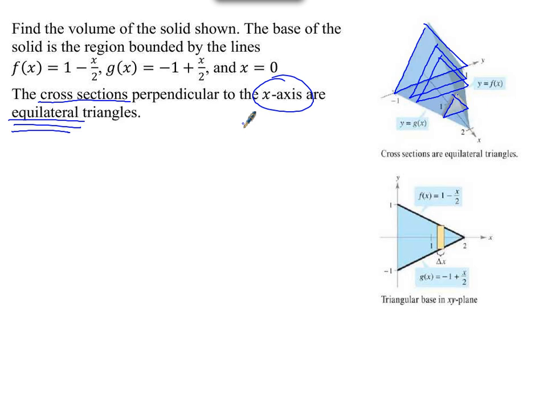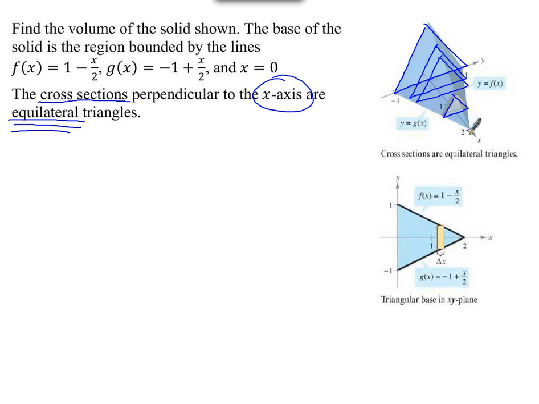Okay. So the cross section is given here, and the hardest part about these problems is visualizing this and then defining that cross section. What we're looking at here is the xy plane, which means we're looking at this base of the shape. Do you see that?